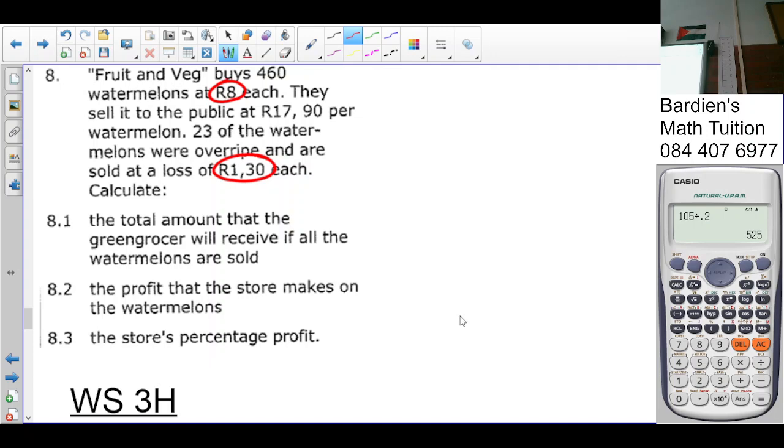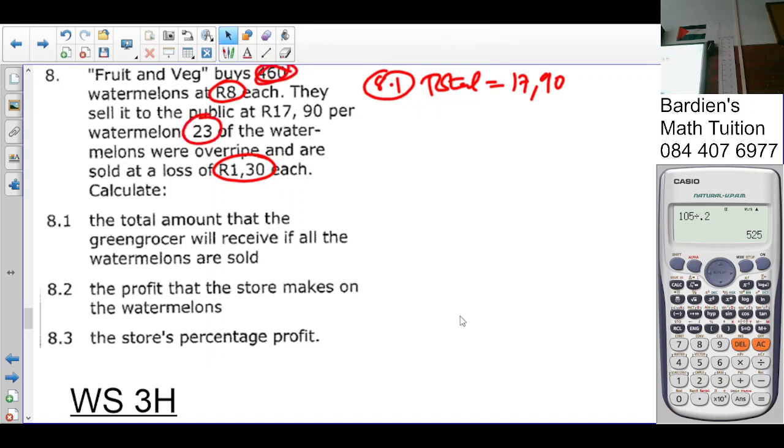The total amount that the green grocer will receive if all the watermelons are sold. They sell the watermelons to the public at 17 rand 90 cents. How many of it? It's going to be 460 minus 23, which is 437.